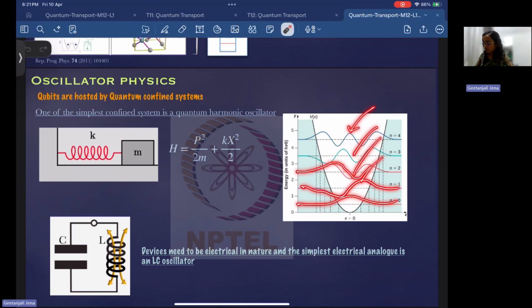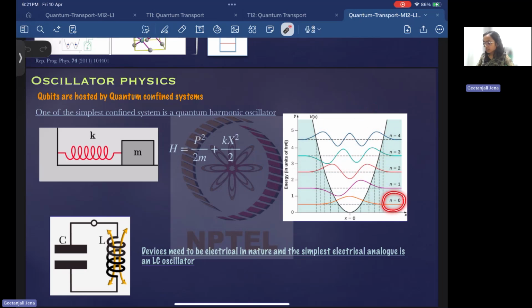These are the wave functions of this trapped atom, or let's say ions, or any confined system, for the zero state, the n equal to 1 state, the n equal to 2 state, and so on. We can also see that the energy difference between two consecutive levels is exactly equal for this harmonic oscillator. This is the case for a mechanical oscillator where we displace the atoms from their mean position by distance x.